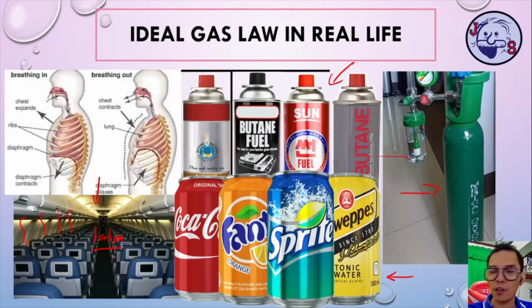Those oxygen masks are deployed in cases of emergency landing, unexpected turbulence, something like that. So the pressure difference inside the cabin can significantly decrease in those cases. Okay, so these are the applications of the ideal gas law in real life.